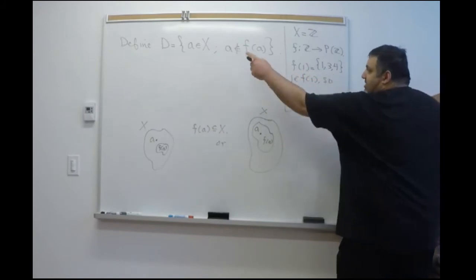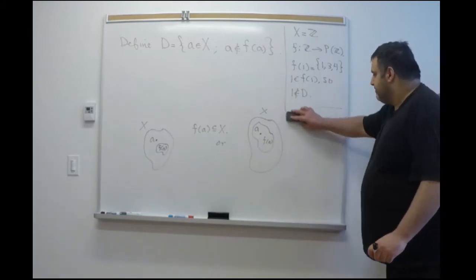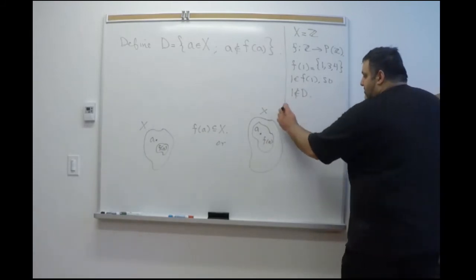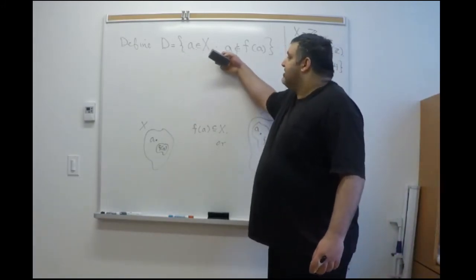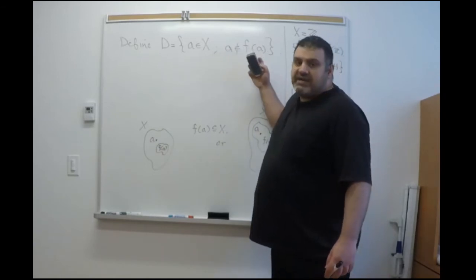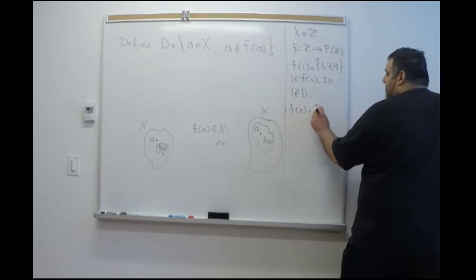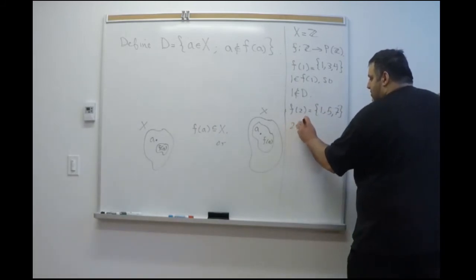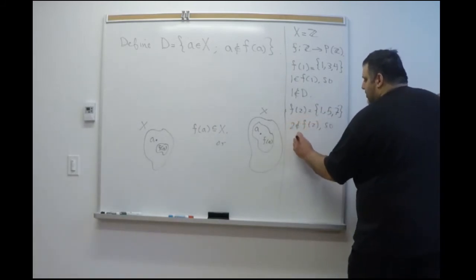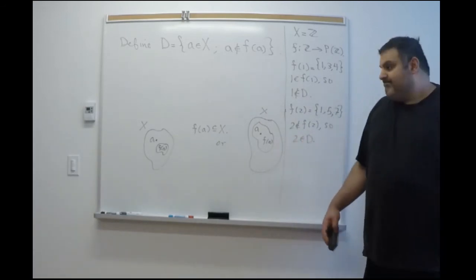So by this construction, 1 is not in D, because D consists of all elements of X such that the element doesn't end up in f of A. On the other hand, if f of 2 is {1, 5, 7}, for example, then 2 is not in f of 2, so 2 would be in D. Okay? And so on.